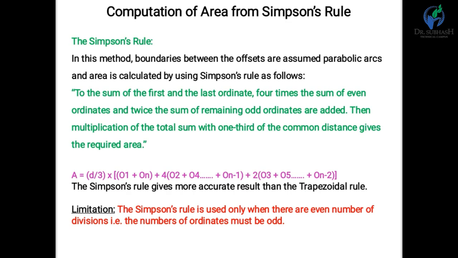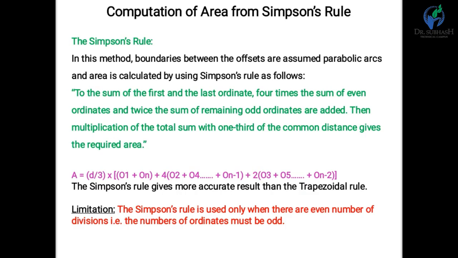This rule states that to the sum of the first and last ordinate, 4 times the sum of even ordinates and twice the sum of the remaining odd ordinates are added, then the multiplication of the total sum with one third of the common distance gives us the required area.